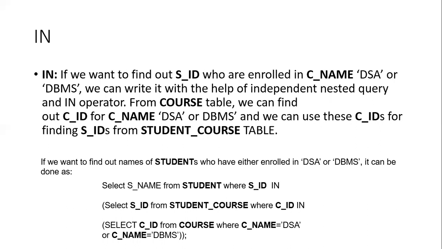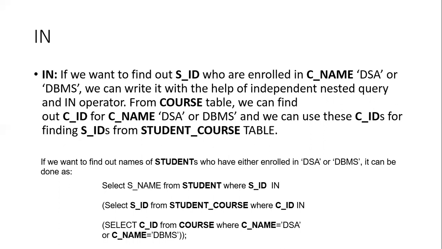So that inner query will return the course ID C1 and C3. Okay. Now the next innermost query, which is the select SID from student course where course ID present in a set. Which set? A set which is returned via the inner query, and the result is C1 and C3.